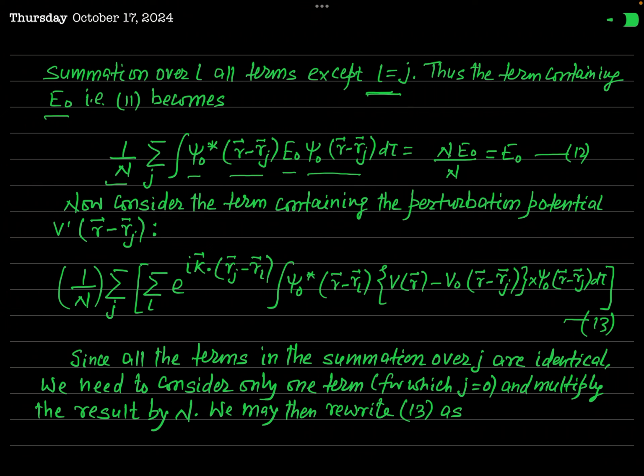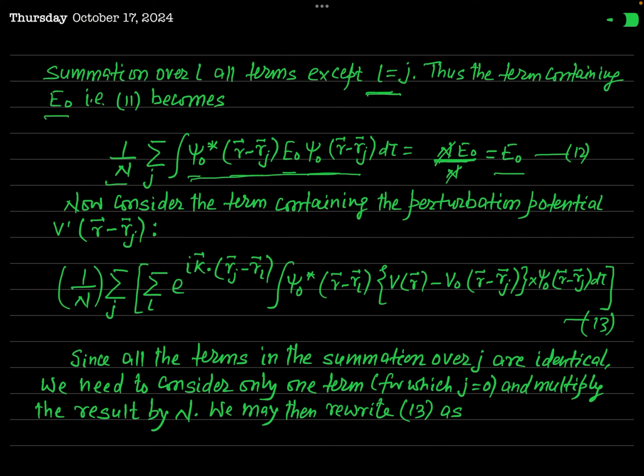So, the value of this integral is n times E naught, and divided by n, this n and n will cancel out and you will get E naught. Actually, this is just the definition of the eigenvalue, the expectation value of energy E naught. So, from this we have seen that this expression is equal to E naught.